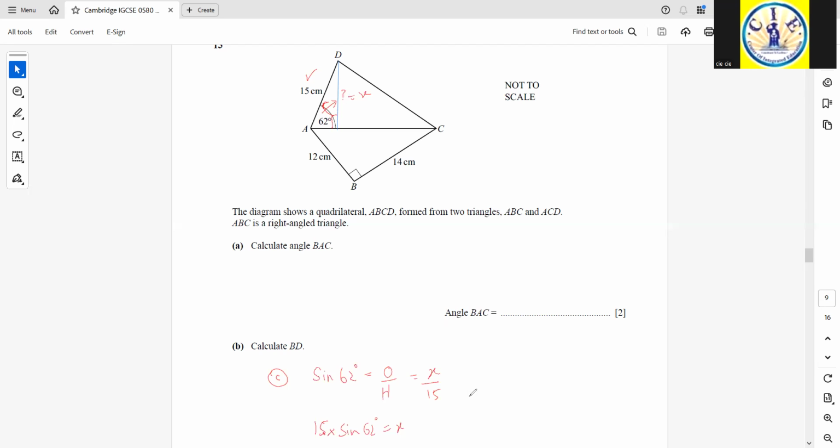So this distance, the shortest distance from D to AC, that is equal to x, and that is 13.2 centimeters.